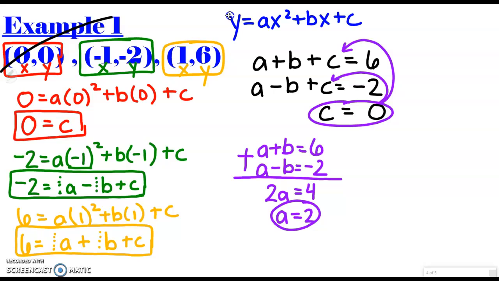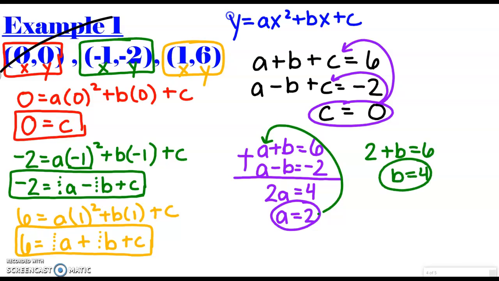And then to find b, I can just substitute the 2 back in. So I have 2 plus b equals 6 to find out that b is 4. And I already know that c is 0. So now I would just substitute a, b, and c into standard form. I'm going to replace a, b, and c.